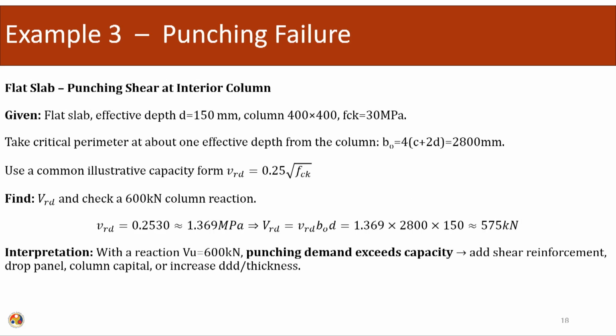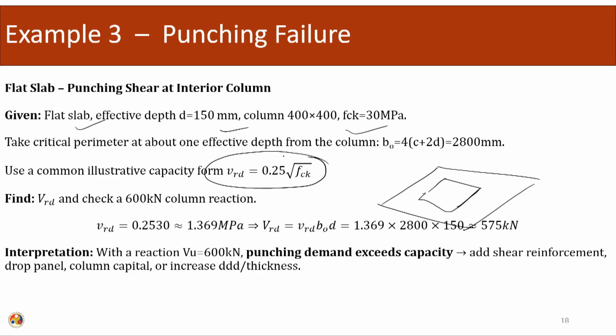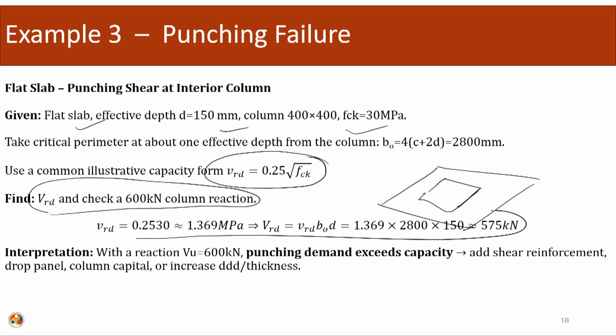Third example, punching shear at the interior column. A flat slab is given with the criteria. We take the critical perimeter depending upon the dimensions, and then we have the shear capacity, and for an applied load of 600 kilonewton we check the capacity.